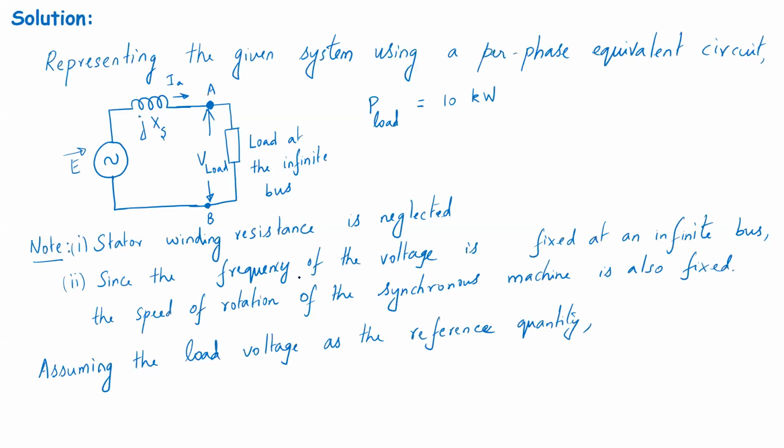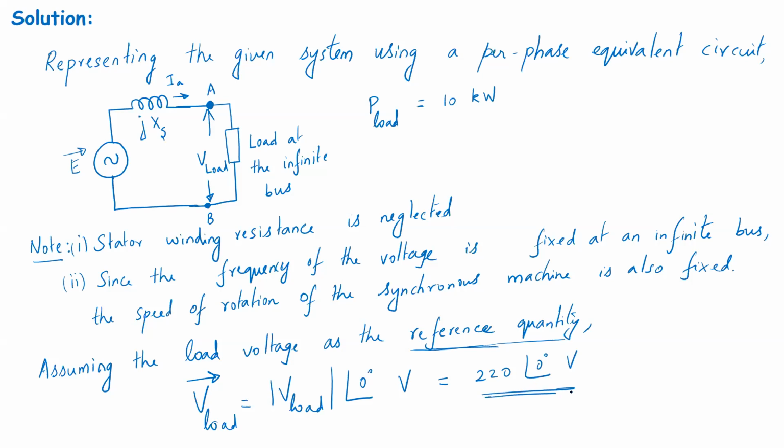I mean the V vector is going to be equal to V magnitude at an angle 0 degree. The 0 degree comes because I have assumed this load voltage quantity as the reference quantity for the whole system. And the load voltage magnitude is specified in the problem as 220 volts. And therefore, this is going to be my voltage across the load.